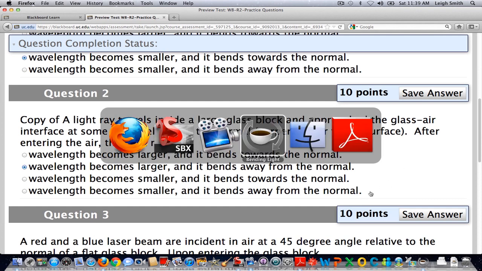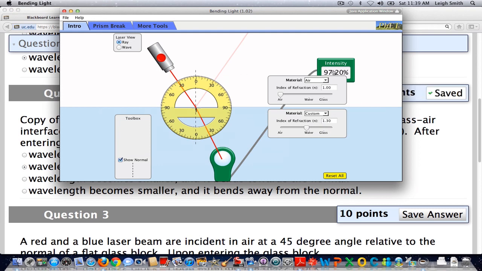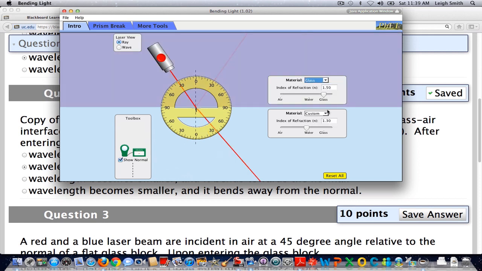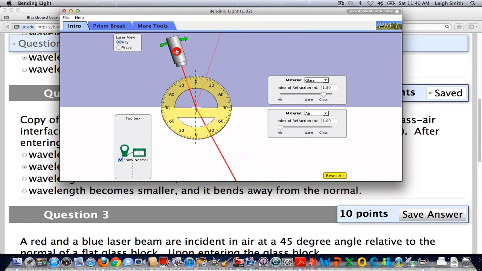You can see that also here with the simulation. If I change it, let's make it so it goes from glass into air. Then what you'll notice is that the refracted beam is bending away from the normal.